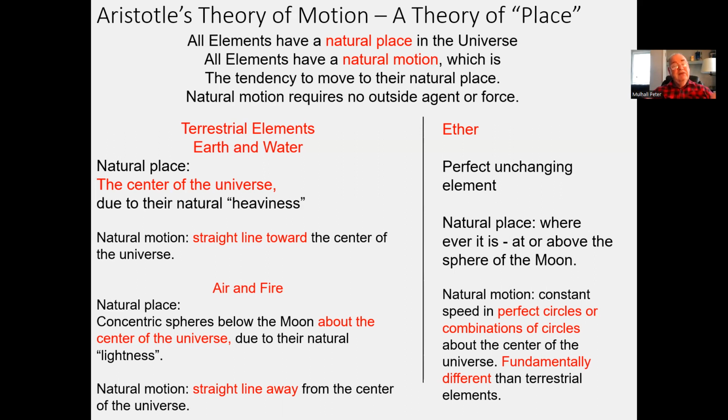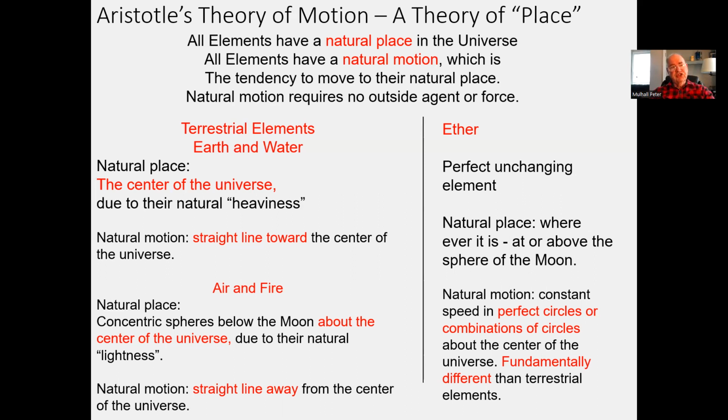You can't be any more different than earth, air, fire, and water, which at least have some things in common. At least their motions are both in straight lines. And the ether, where their motion is in perfect eternal circles. So the universe above the moon and above is made of this perfect, unchanging matter, only moving in eternal circles.